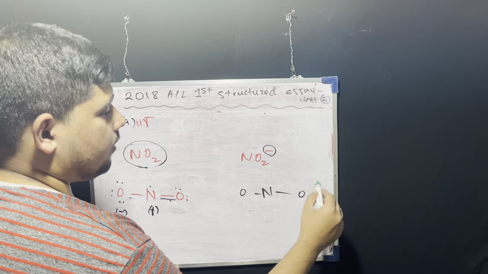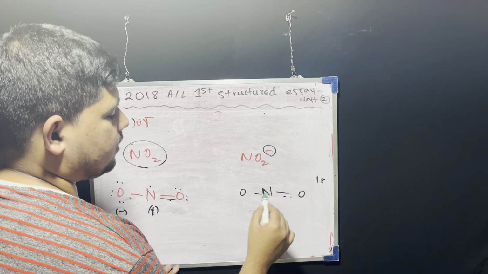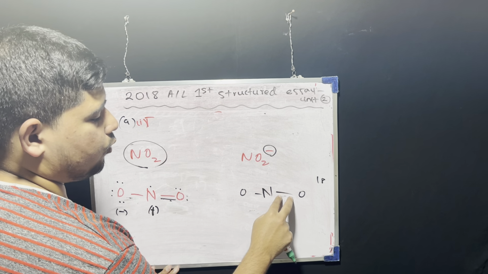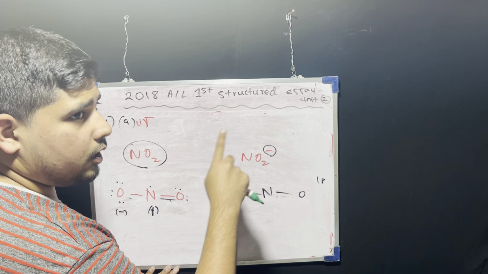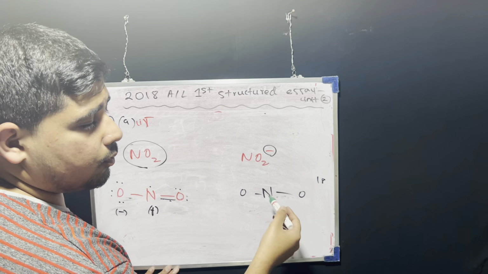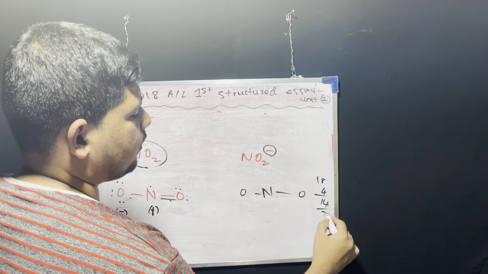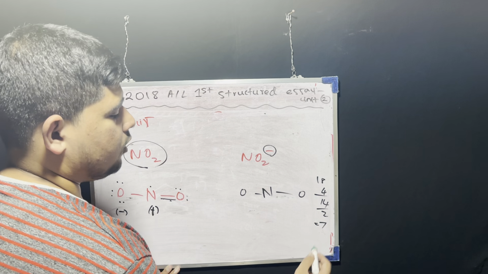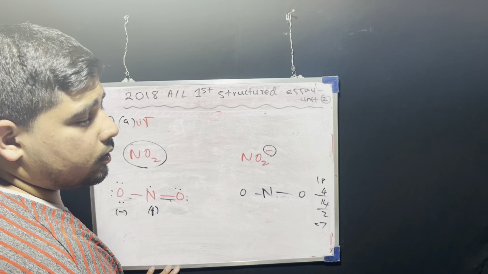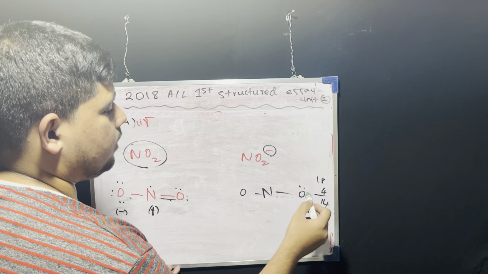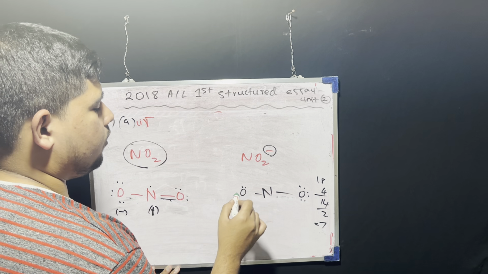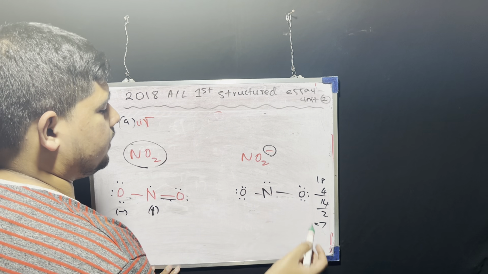From this 18, I should subtract 4 electrons, right? Here there are 2 electrons, here there are 2 electrons. I should subtract the electrons in the bond pairs. So let me subtract 4. You will get 14. 14 divided by 2 is 7. So how many pairs of electrons? 7 pairs of electrons: 1, 2, 3, 4, 5, 6, 7.